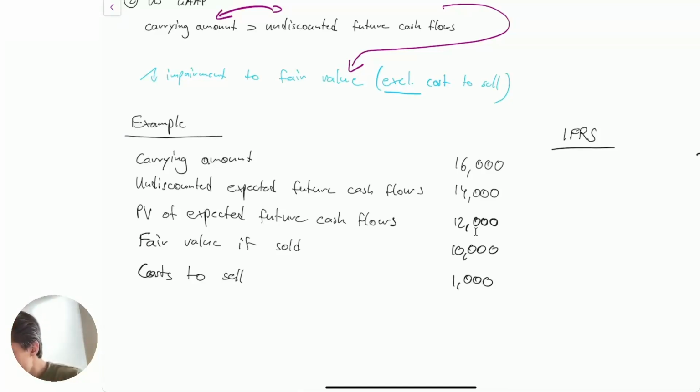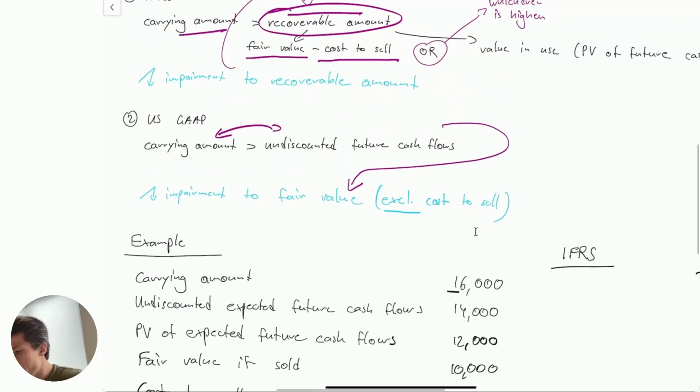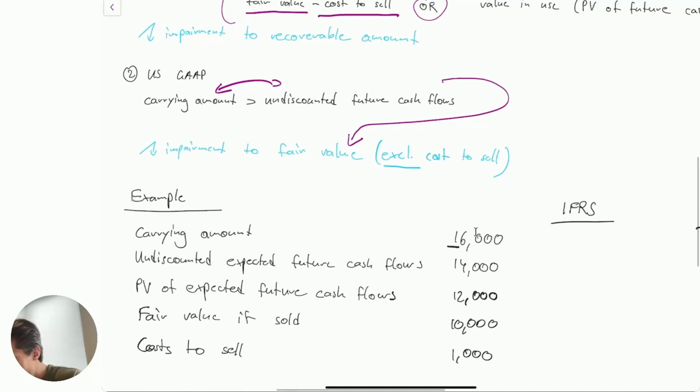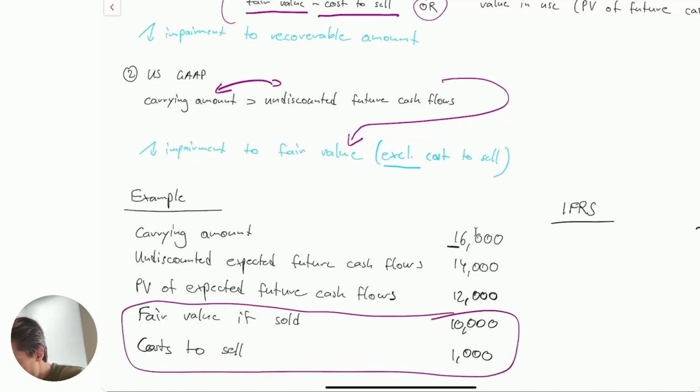IFRS carrying amount 16K. Let's check whether there is an impairment. 16,000 is the amount that you see in your balance sheet. You compare this with your recoverable amount, which is the higher of fair value if sold minus cost to sell.